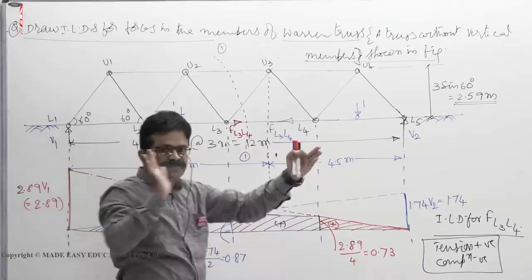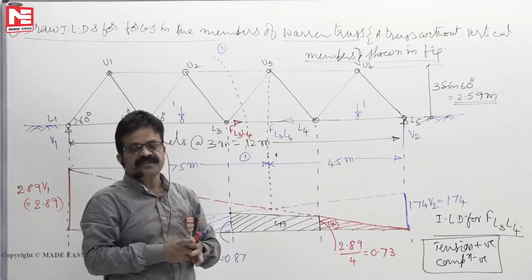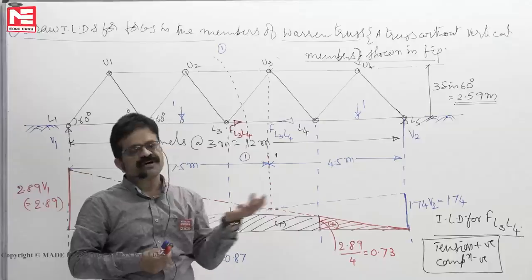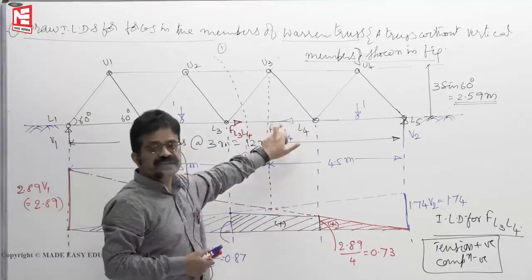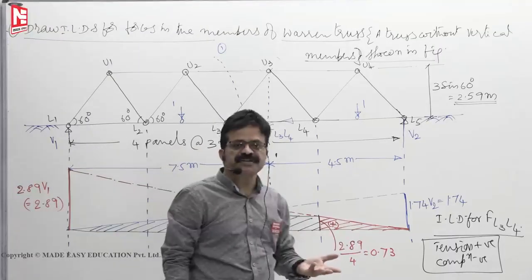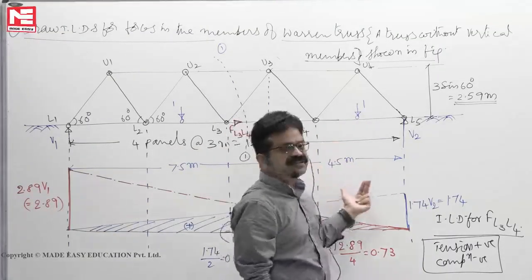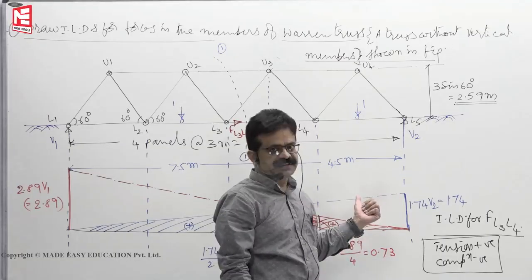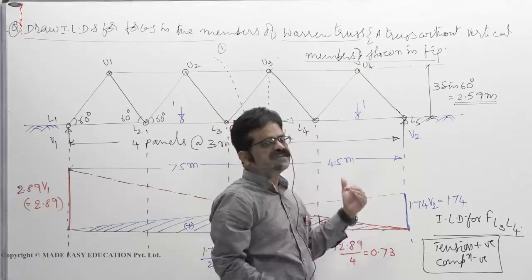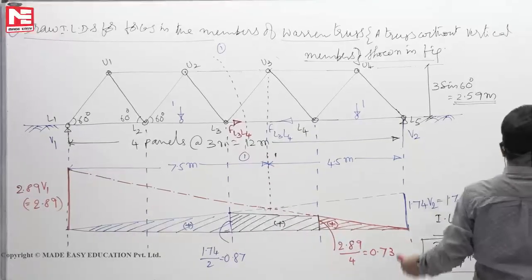In such cases the bottom members may be under compression. So due to earthquake load or wind loads, they can be under compression. Where there is a possibility of compression due to wind load or earthquake load, you limit the slenderness ratio to 350, not 400, a slightly lower value. Okay, so these are the conclusions.